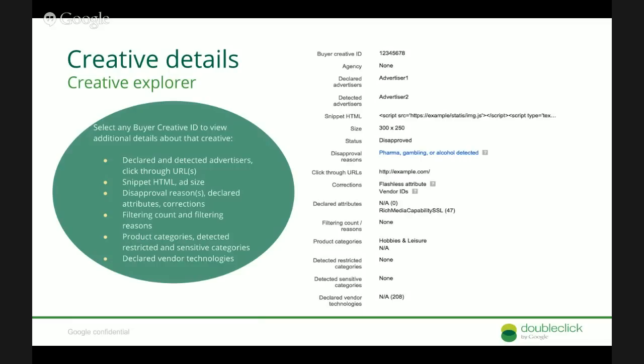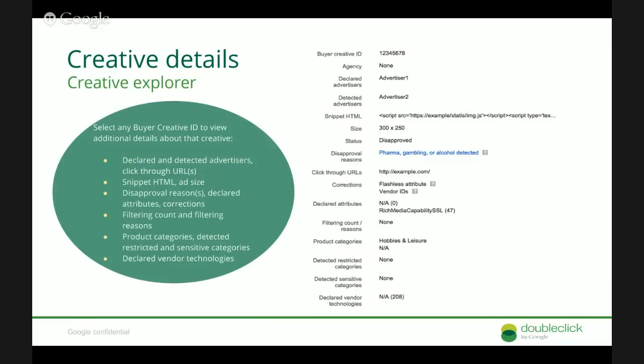So sometimes we will automatically make corrections to a creative in certain instances if we detect things that were not declared properly. So for instance, Flash, or in certain cases, vendor, we might automatically associate with a creative based on things that we detect. Declared attributes, which are attributes that the bidder declared when submitting the creative.